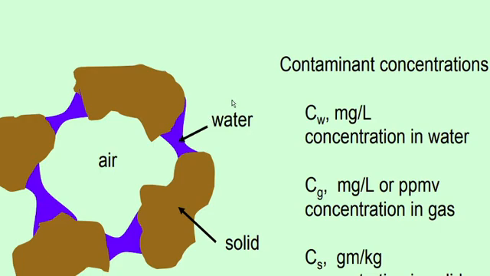The next important thing is how we are going to describe it. For us, we need to understand the fate of the contaminant. Firstly, there are three possibilities: whether the contaminant is going to get attached to this solid particle. What are the characteristics which will rule this process?